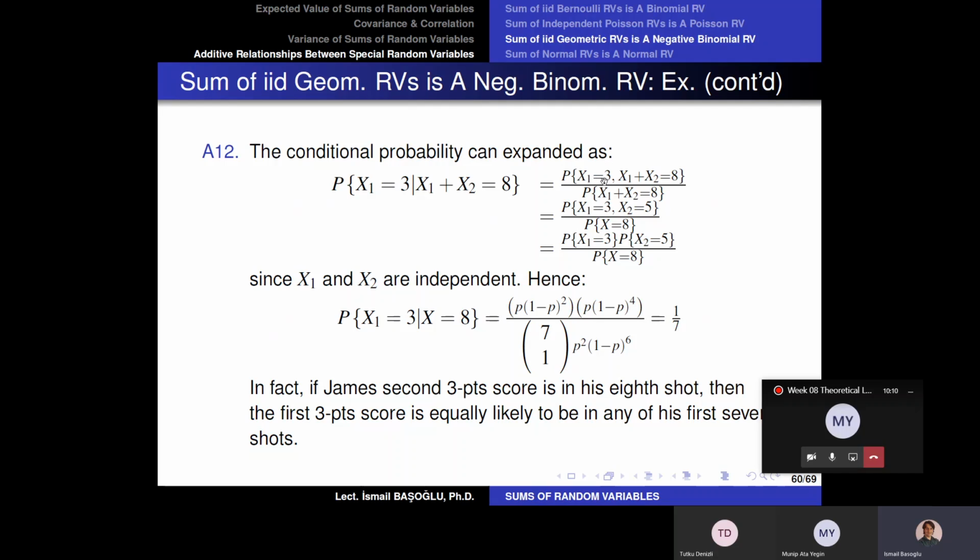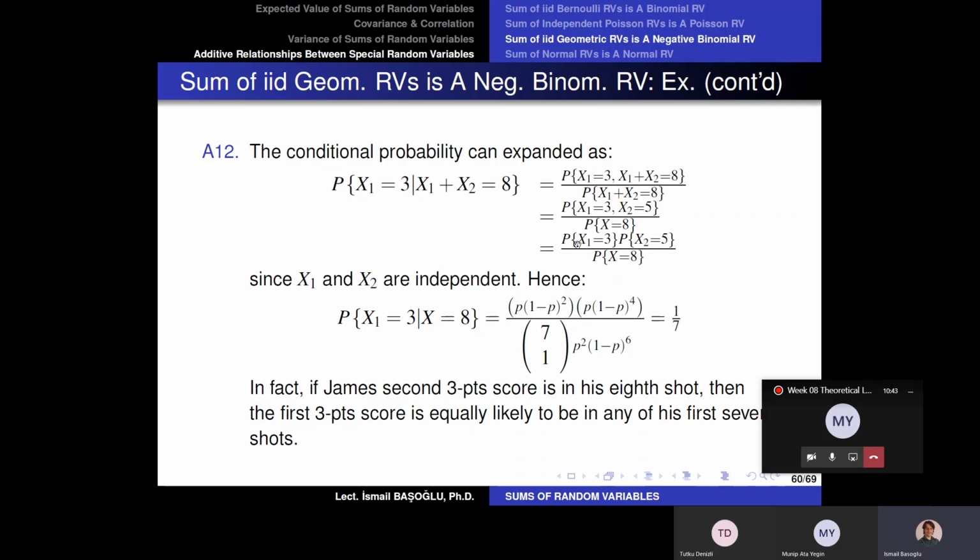The intersection of X1 being equal to 3 and X1 plus X2 being equal to 8 means X1 is equal to 3 and X2 is equal to 5. So the joint probability can be rewritten as the product of the individual probabilities, because the trials until scoring the first shot and the trials until scoring the second shot are independent from each other.